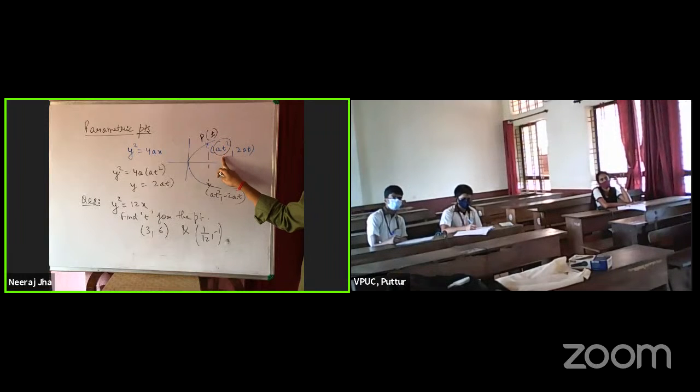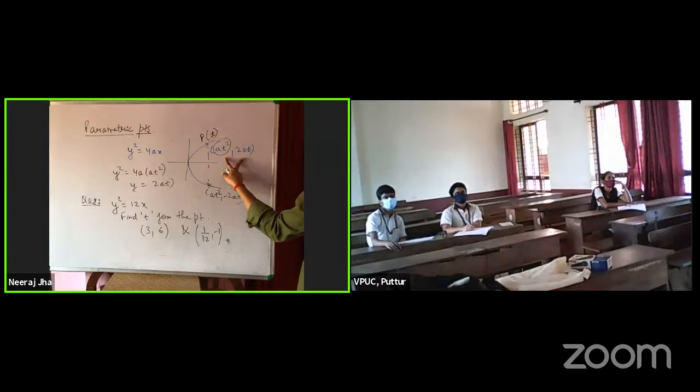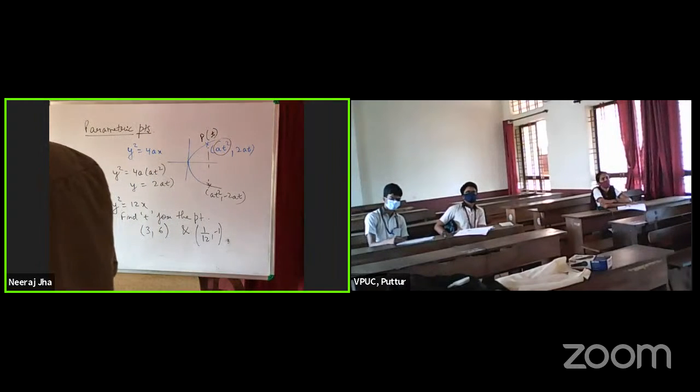Okay, this is 2at. From this we can easily tell whether t will be positive or negative. From the x coordinate we cannot tell very easily whether t will be positive or negative. Hence we will be solving it using the y coordinate.